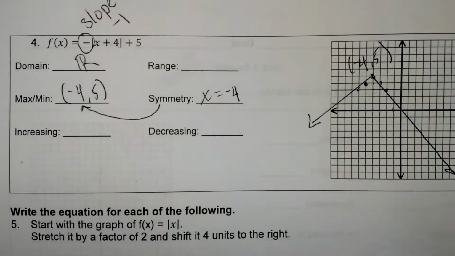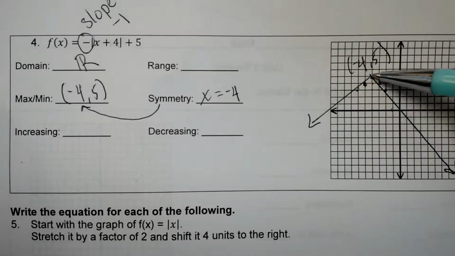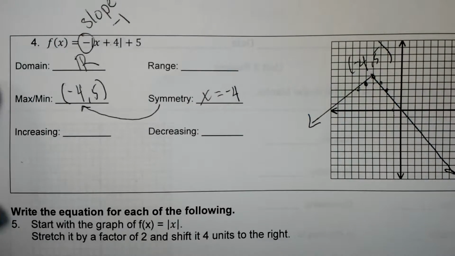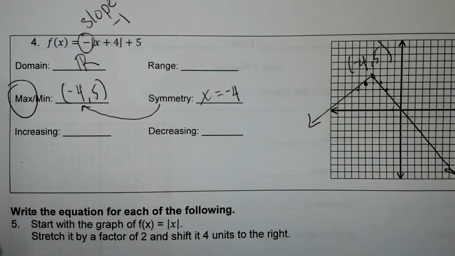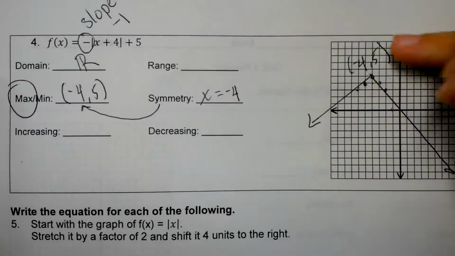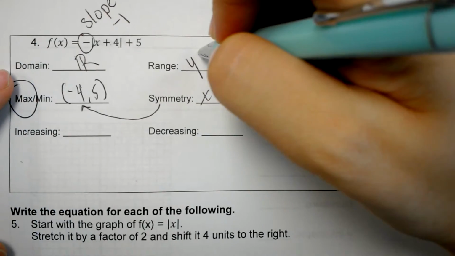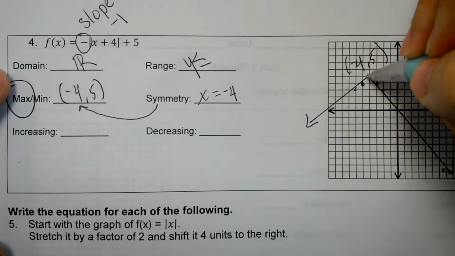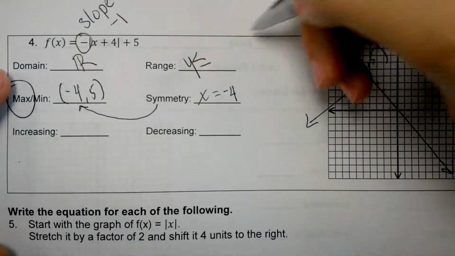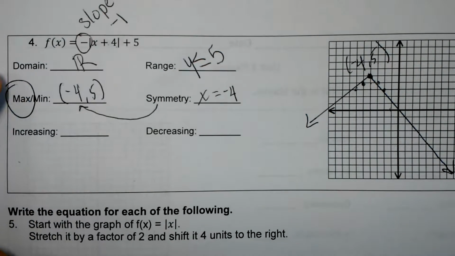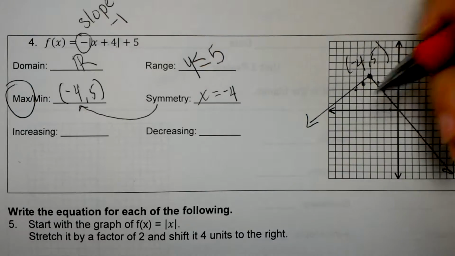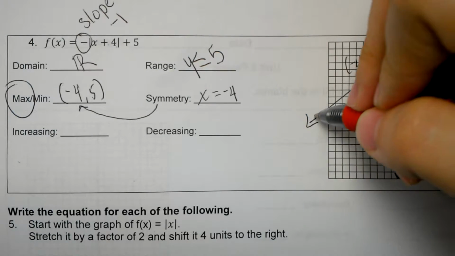Okay, so it turns out that's my max. So the very, very top, it's a max. So if it's a max, all my y's are less than or equal to, because that 5 is a point on my graph, on my function. It's part of my function. So now it's increasing on the left.